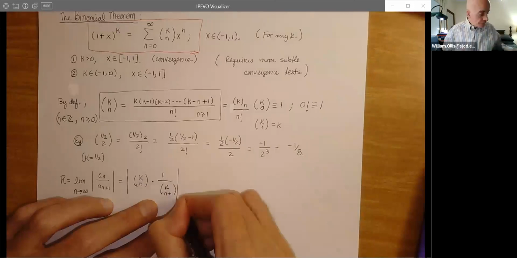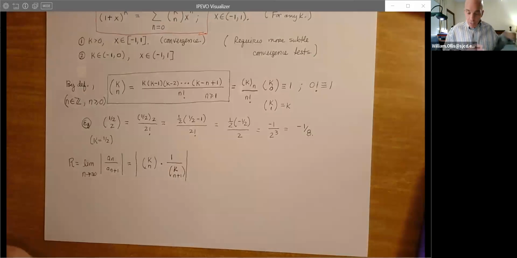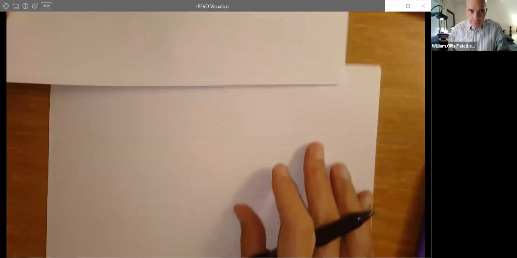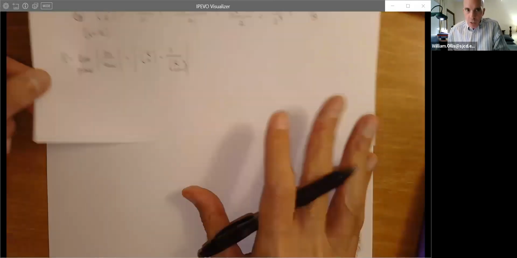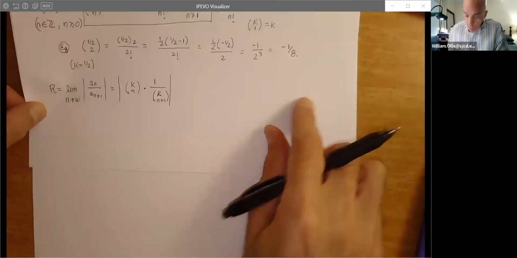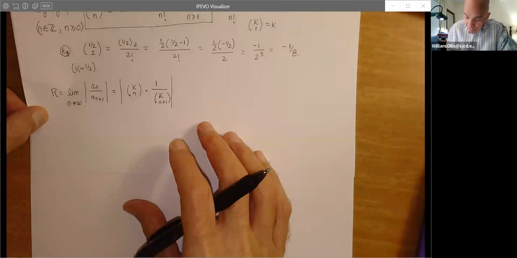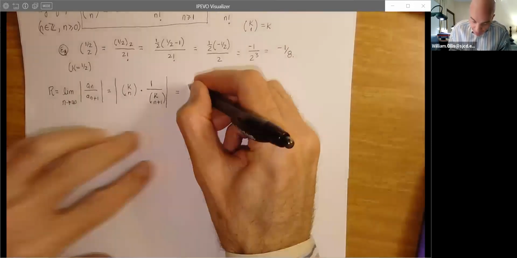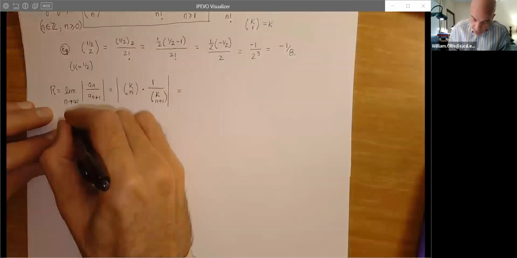Right there. Now, so I have plenty of room, I'll just move down to another sheet. So here, what we want to do is just continue with this.